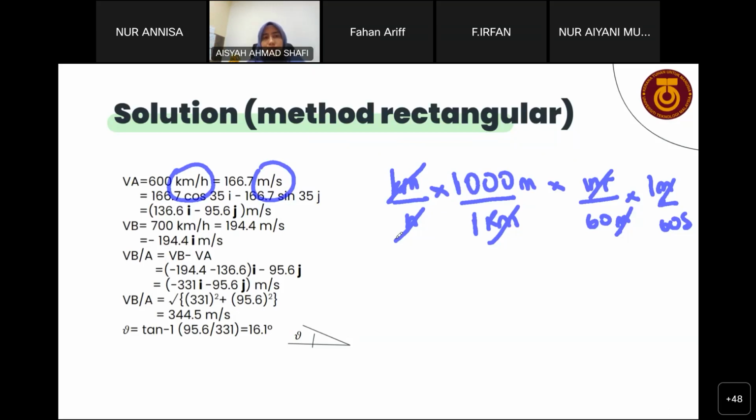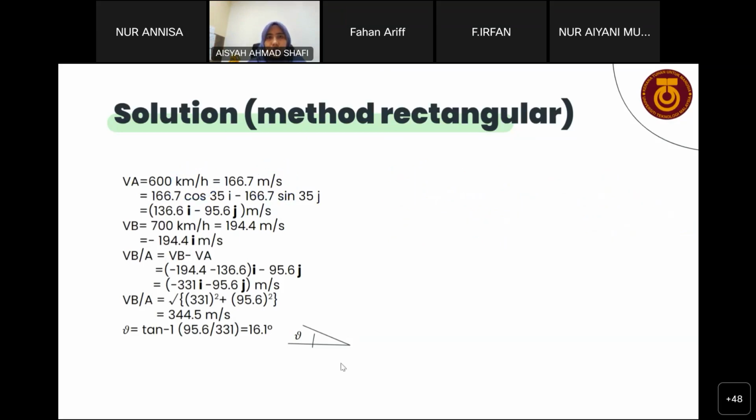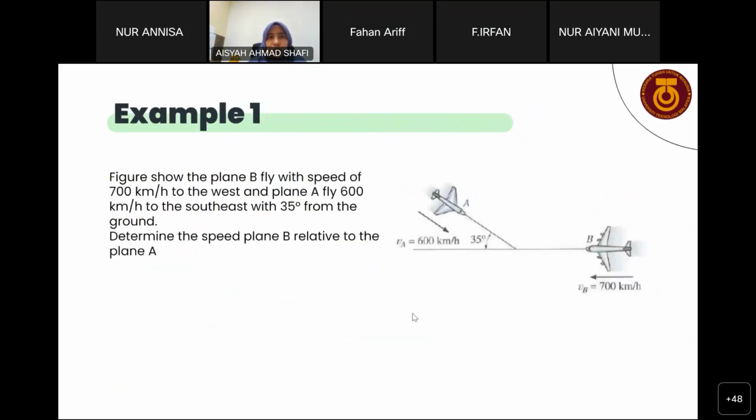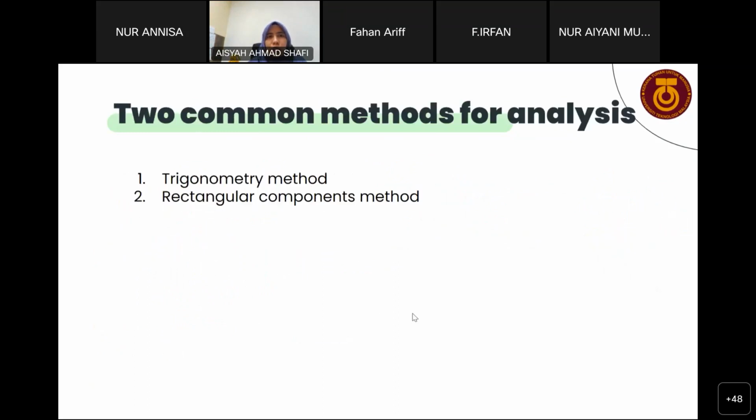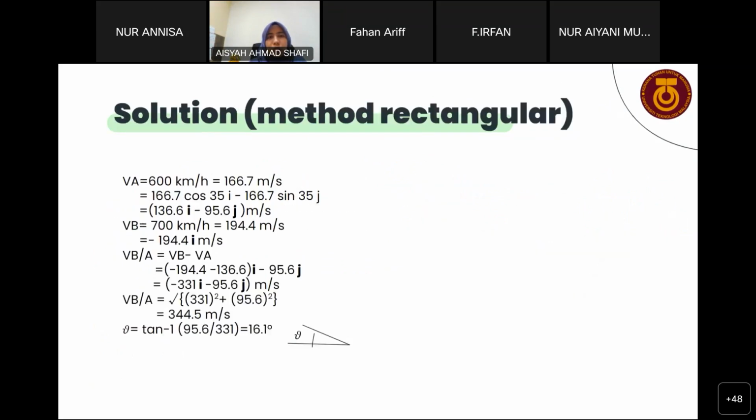As previously mentioned, we can solve the relative motion analysis by the rectangular and the trigonometry method. The first method here is the rectangular method.